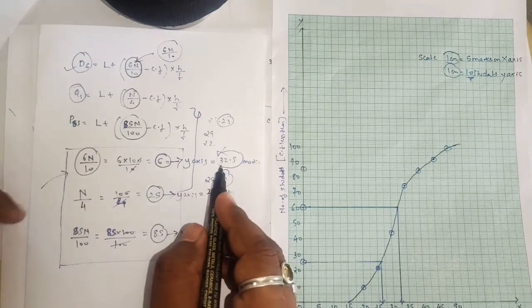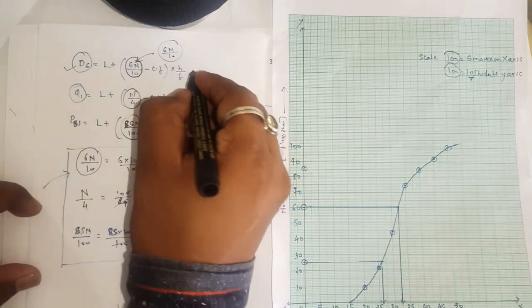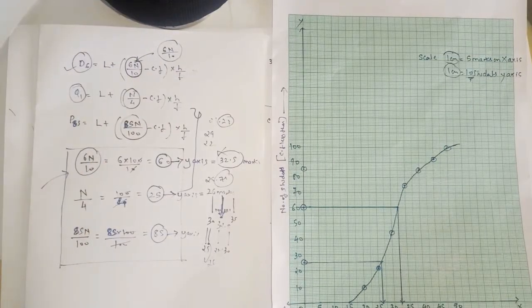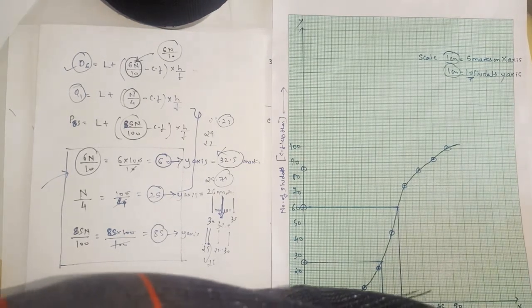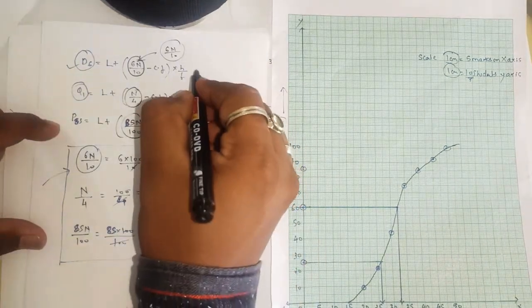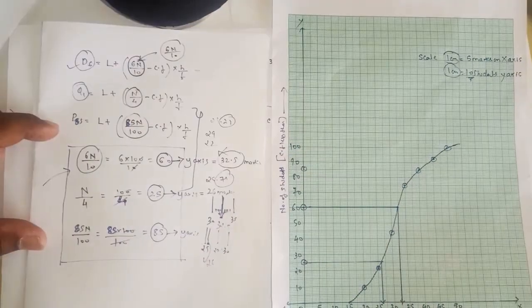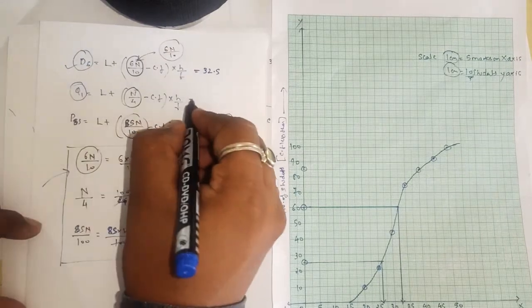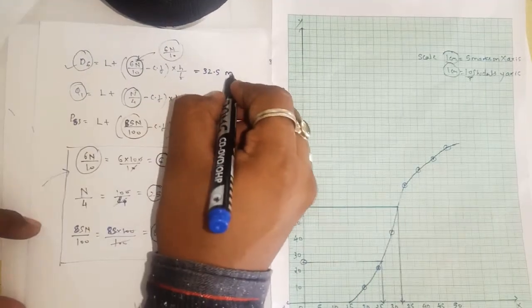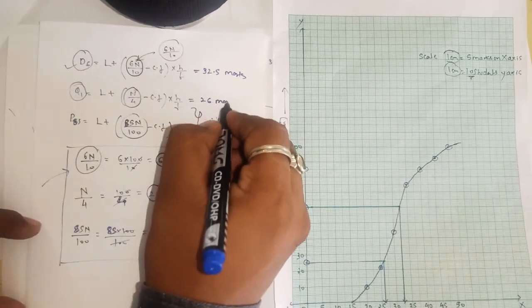So here we got the answer for deciles, that is 32.5, and the Q1 answer we got is 26. These are marks, so here also you will write marks.